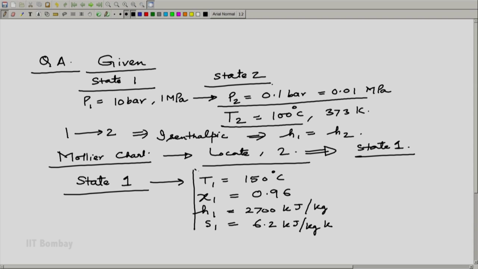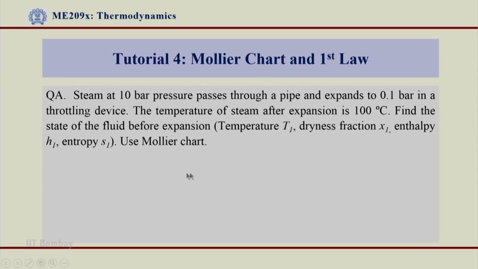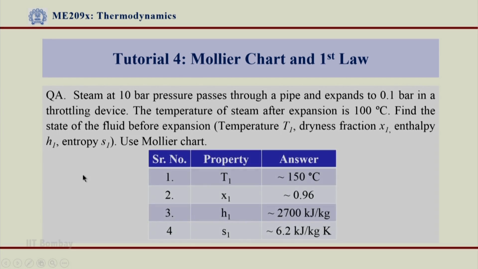So this is my state 1, and that is what was asked in the problem. If I go to my slides and write down the answers properly, T1 equals 150 degree centigrade, x1 equals 0.96, h1 equals 2700 kilojoule per kg, and S1 equals 6.2 kilojoule per kg Kelvin.